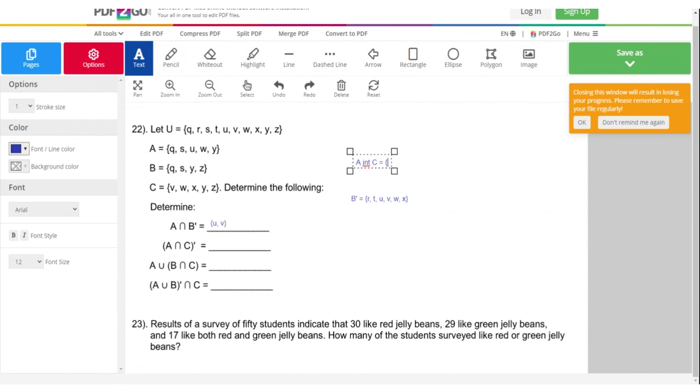So what's common between A and C? W, Y. All right, now we got to find out what's not in there. Well, it's everything except W and Y.